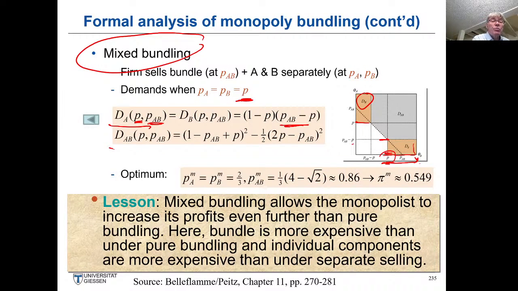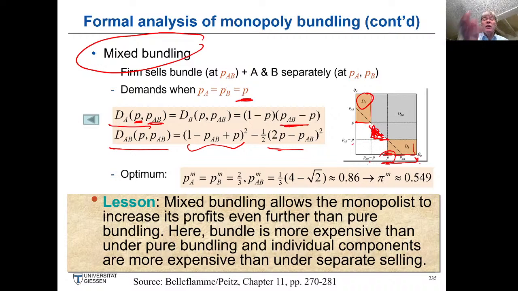Of course, the demand for the bundle is just this gray area, and again what you can do here is just calculate these rectangles and triangles. Here we go from 1 to P_AB minus P. So this is this length here. We calculate the full rectangle minus this triangle here.